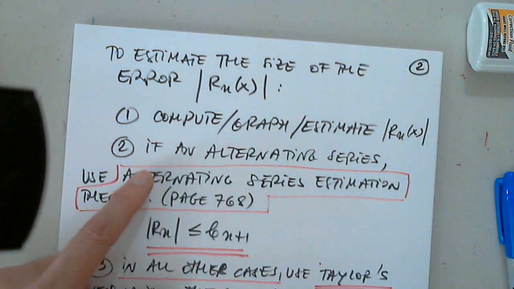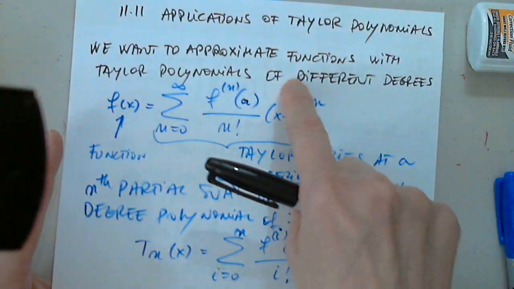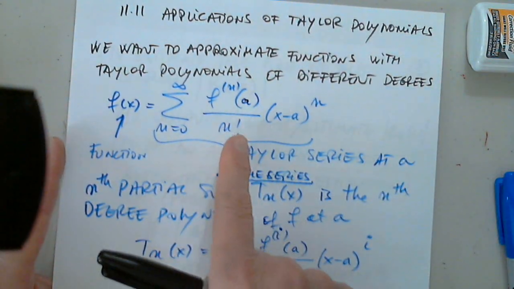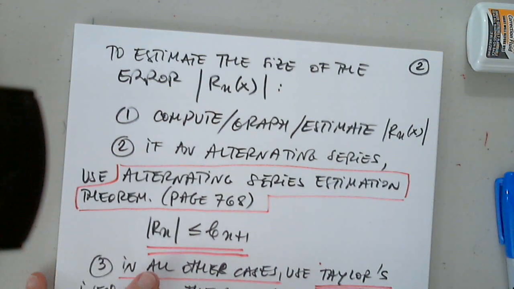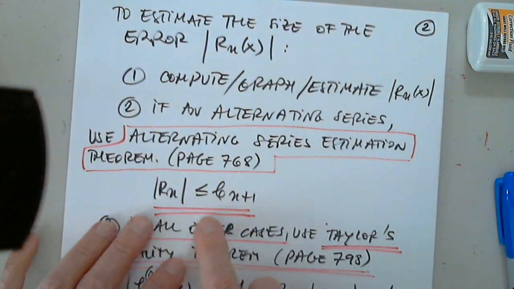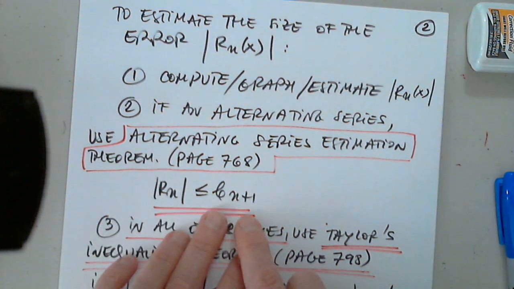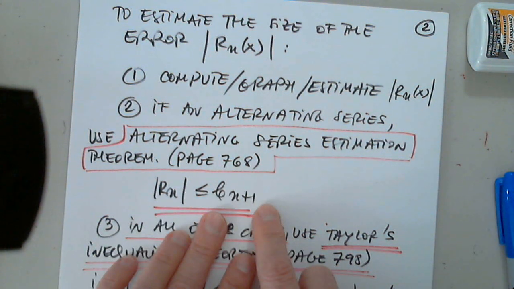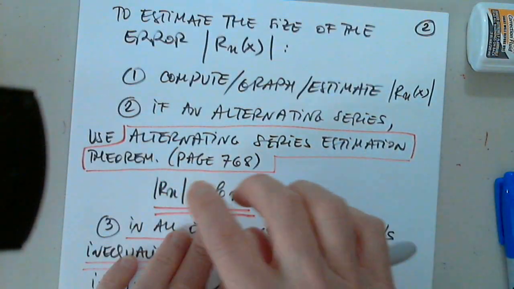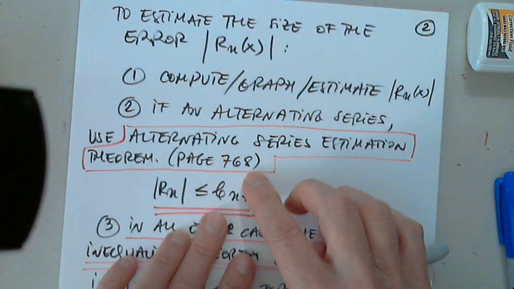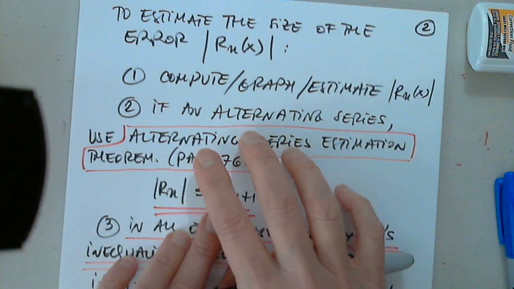If we're talking about an alternating series, then we will estimate the remainder or the error by simply computing the (n plus 1)st term. This is also presented on page 768 for the alternating series.